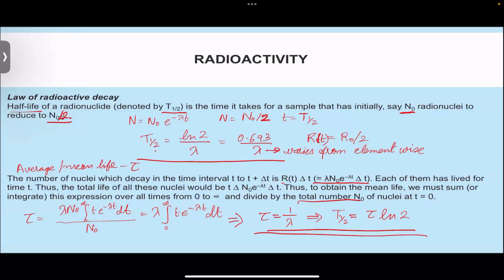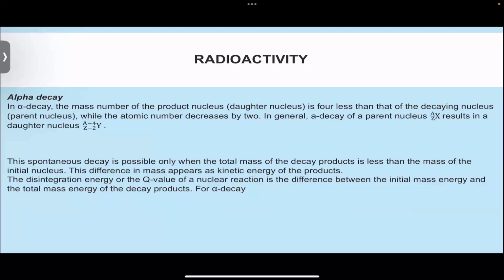If we know their T half, we can say how old the material containing these radionuclides is. That is why it is important for us to understand the phenomenon of radioactivity. The types of radioactivity, as we have already discussed, are alpha, beta, gamma.